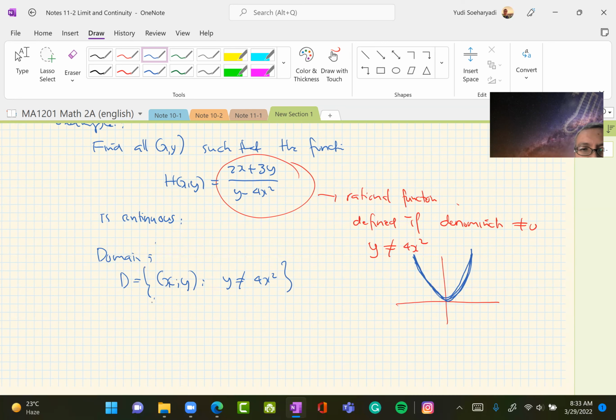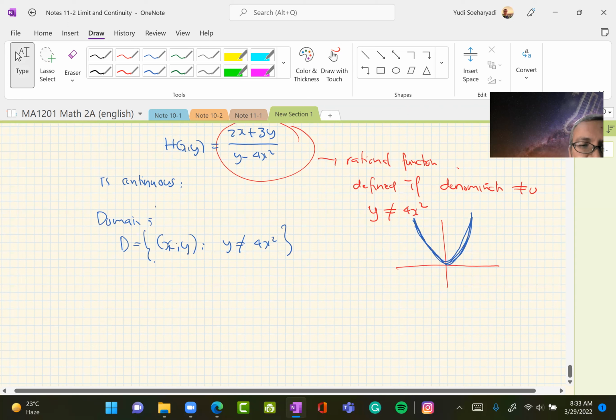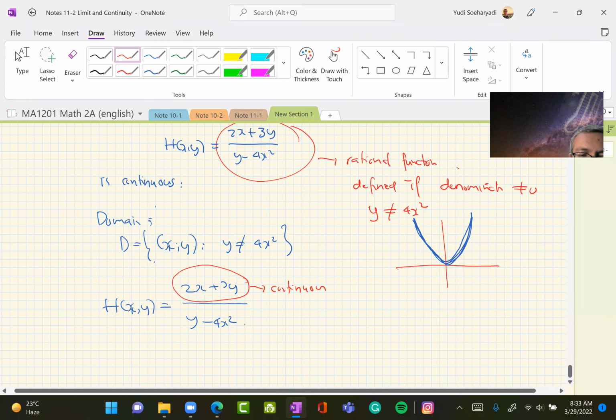And as rational functions, this is x plus 3. And this is polynomial, and this is continuous. This is also continuous.